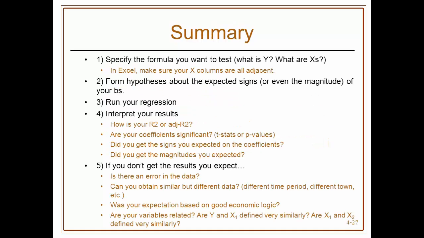Just to finish up with another summary of the steps that you'll go through. First, you want to specify the formula that you want. Which y variable are you actually going to use? What are the x variables that you think are important? If you're doing your regression in Excel, you have to be careful. Every time you run a regression, you have to make sure all of your x columns are next to each other.